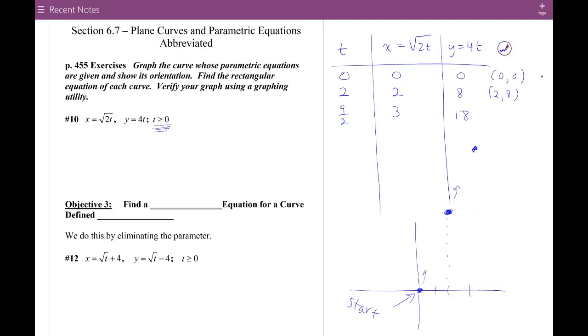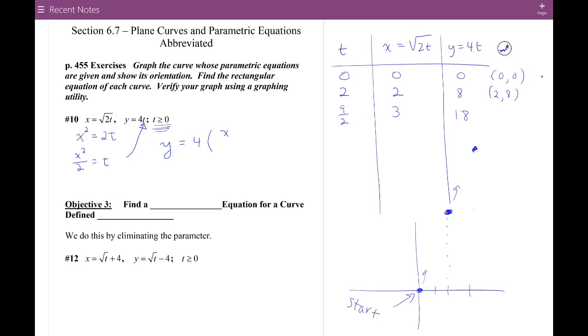So let's see if we can figure out what the curve looks like. The way you can do that is by solving one of the variables for the t and plugging it in to the other variable. So if I square both sides of the x term, I get that x squared is 2t. So then t is x squared over 2. And then I put that in for the t where the y is.